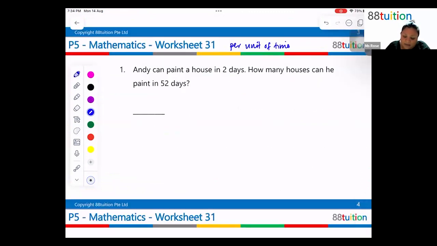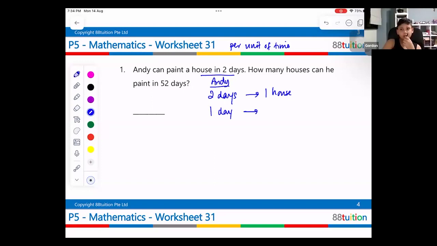So Andy paints a house in 2 days. That means in 2 days, Andy can paint 1 house. That means in 1 day, how many houses can he paint? Can he paint 2 houses?